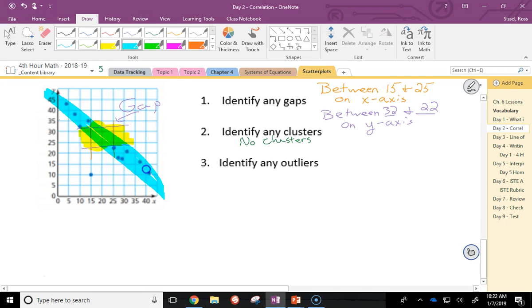And they're all kind of grouped together. Do we have an outsider? Yes. What is our outlier? 10 and 15. X first. Oh. 15, 10. So I would say right there is my outlier. Identifying the outlier, we would say at 15, 10.